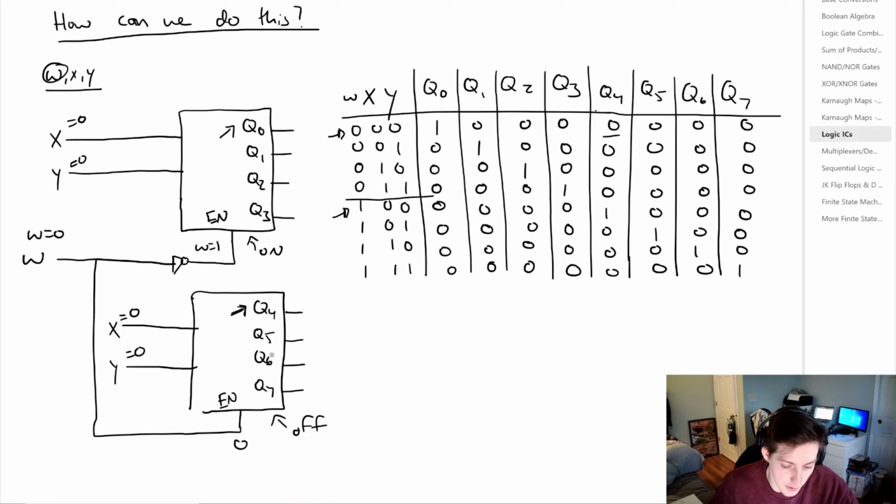They're all equal to 0. But up here, we have Q0 being triggered and the enable is high, so this line goes high while all of these remain 0. So then for this first term, where we would have 0, 0, 0, this is what all of our outputs would look like. And if we look going horizontally, we have a 1 here for Q0, so that matches, and everything else is equal to 0, so that matches.